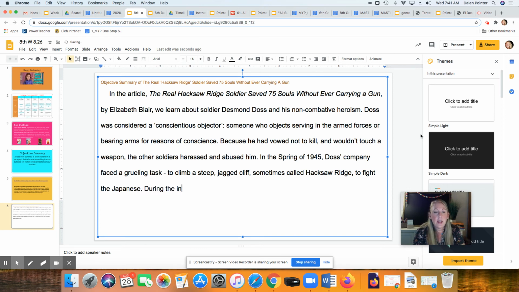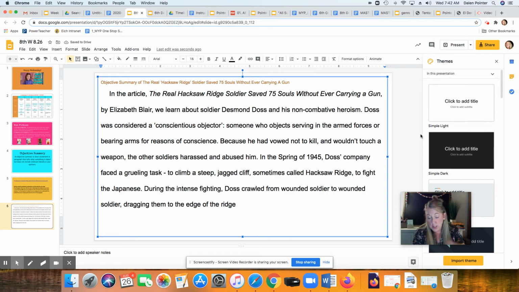During the intense fighting, Doss crawled from wounded soldier to wounded soldier, dragging them to the edge of the ridge.